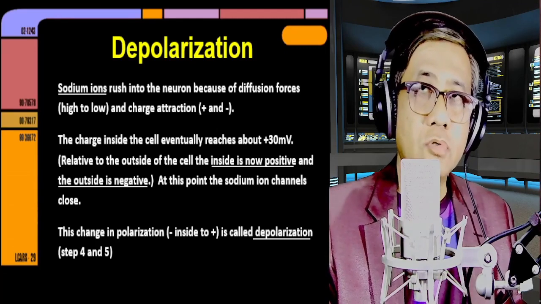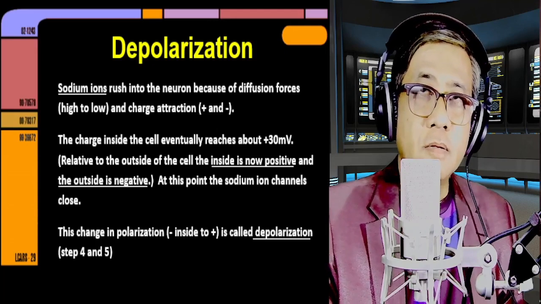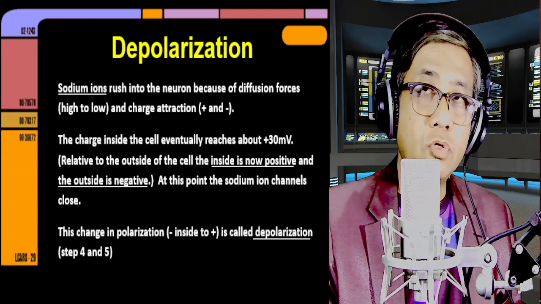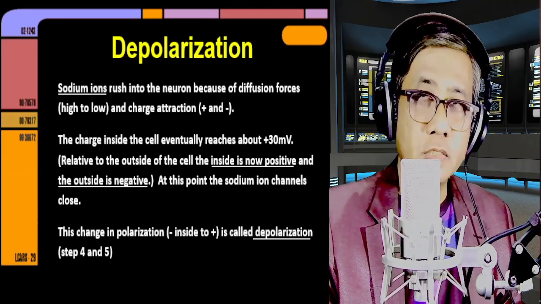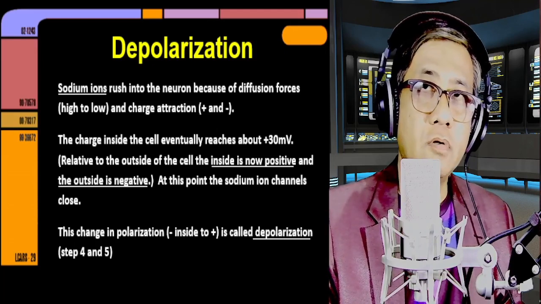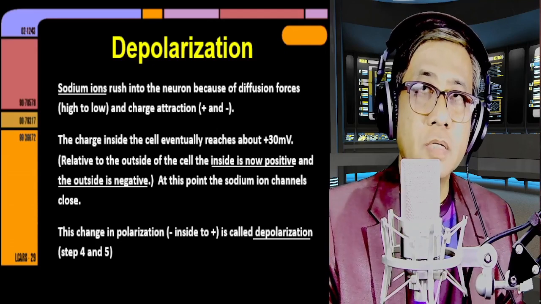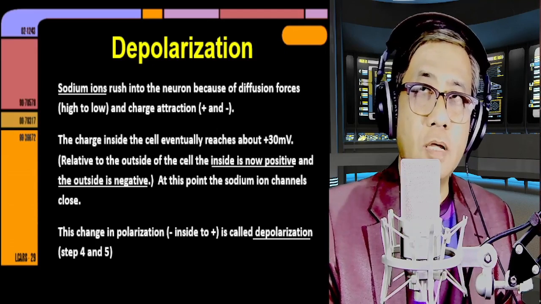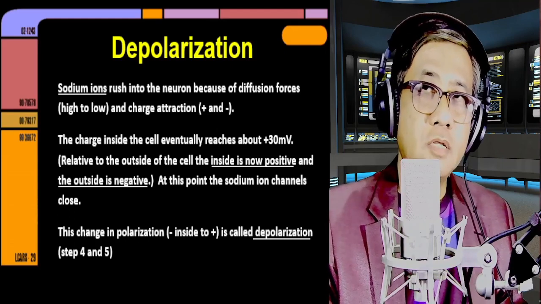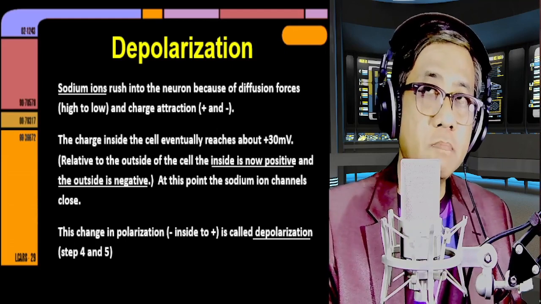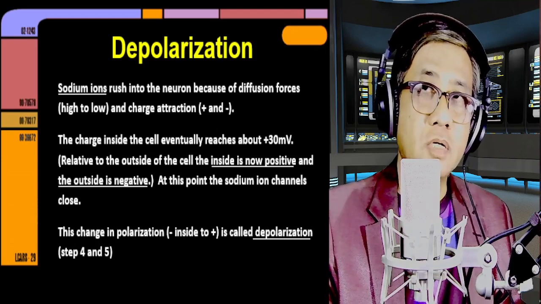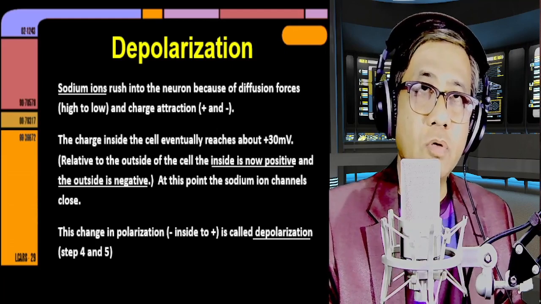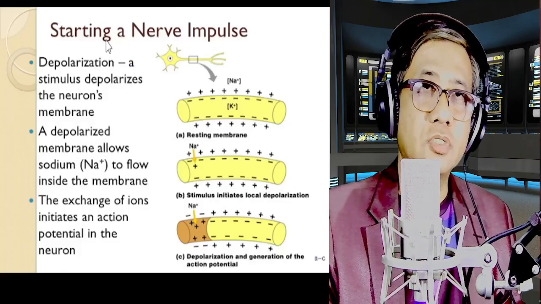Once the neuron gets stimulated and reaches the so-called threshold, the sodium ion channels open up, allowing the entry of the sodium ions, and this creates a change in polarity. So the inside of the cell now becomes positively charged and the outside becomes negatively charged. This is what we call depolarization.